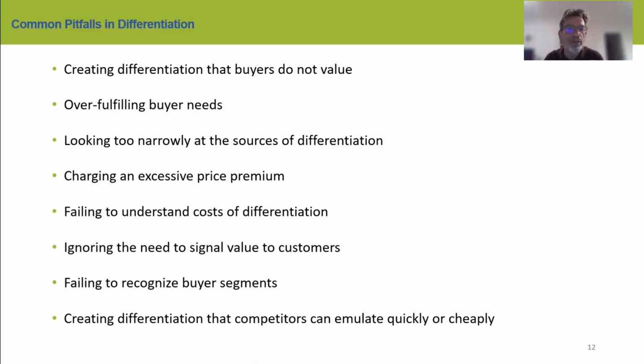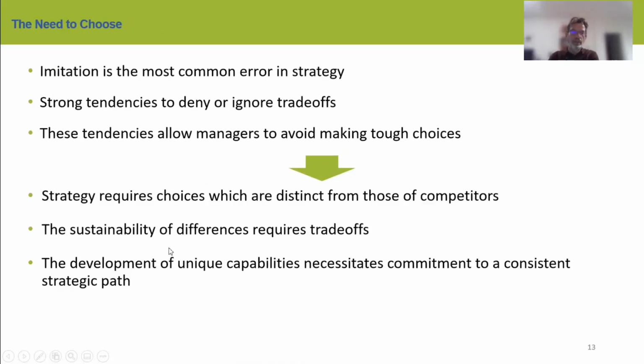We start to offer something new, but very quickly the competitors can make the same, and maybe they can make it in less costly ways, at lower prices. So we have to choose. Should we imitate, which is a common error in strategy?